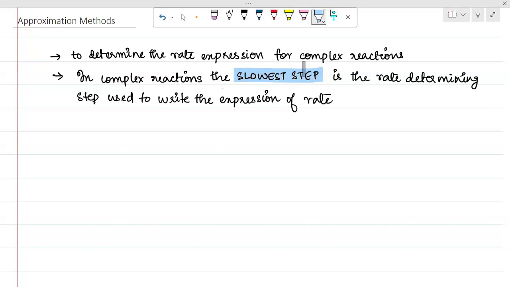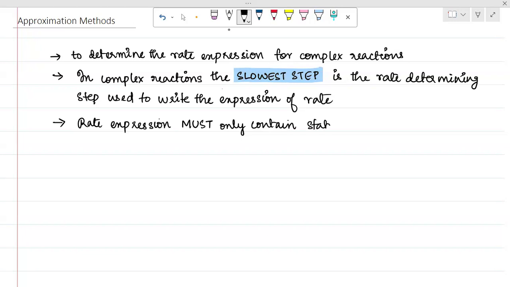Another point is that rate expressions must only contain stable species.